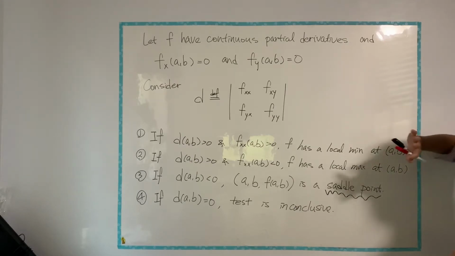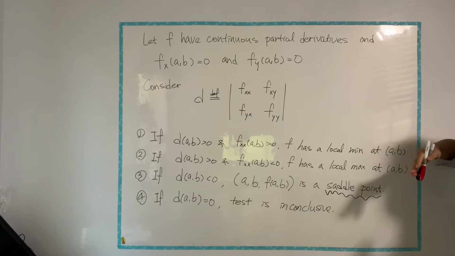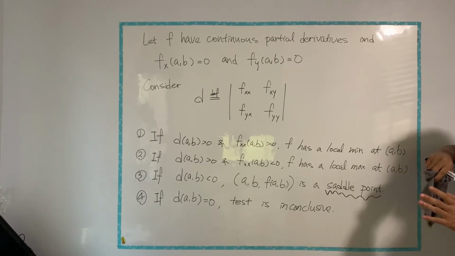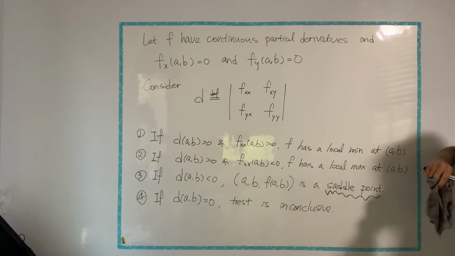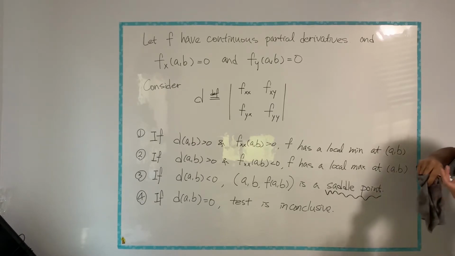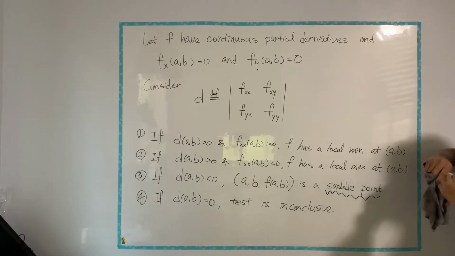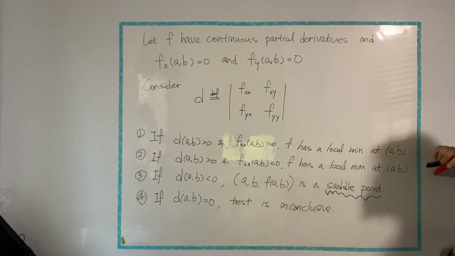Let's assume we have a function f that is continuous and has continuous partial derivatives. That means after you take the partial derivatives, both derivative functions are continuous. So you have a function that is nice and smooth, and we don't have to worry about the case where the derivative is not defined at a certain point.